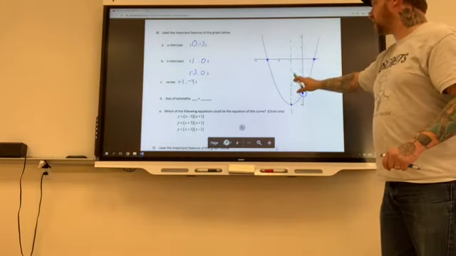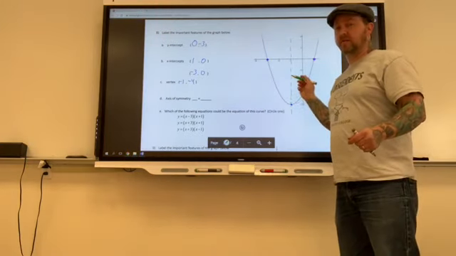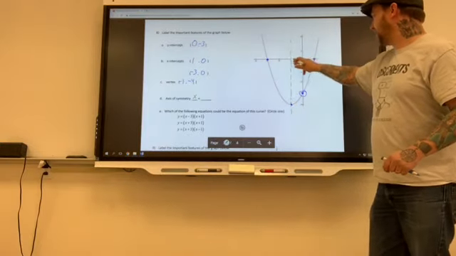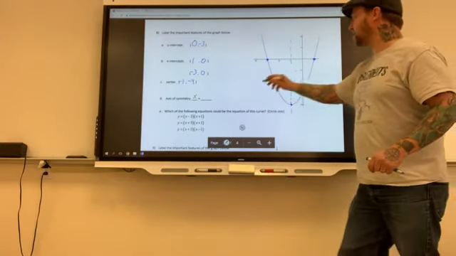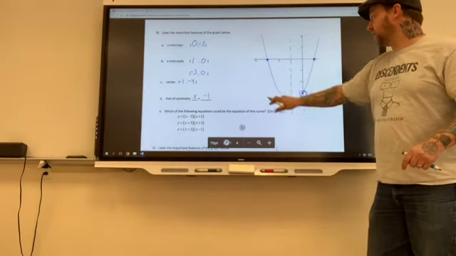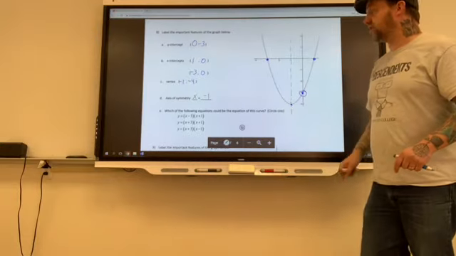This is called the axis of symmetry. It's a vertical line. Vertical lines are always x equals what? X equals -1. Good.